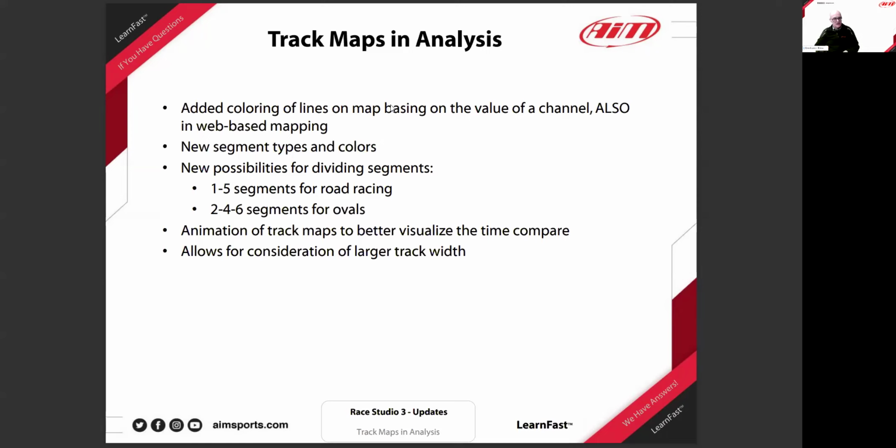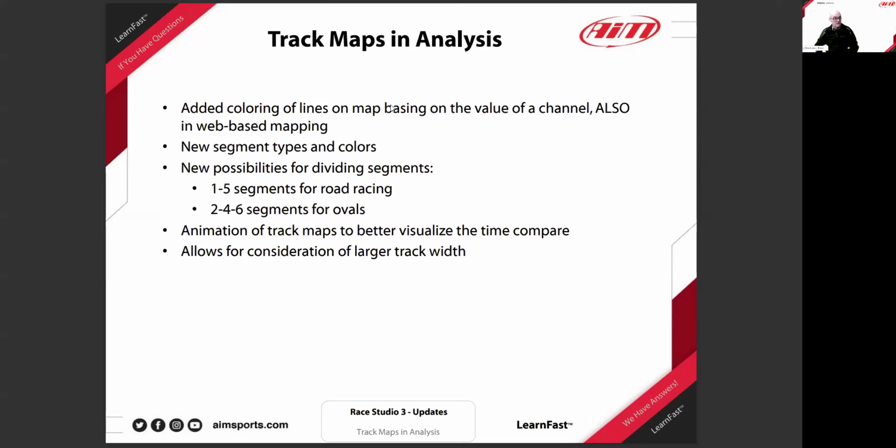We added some new types of segments and new coloring capability for maps, so users can customize maps a little bit more. We added new shortcuts to divide a track from 1 to 5 segments, and for ovals specifically, there is a possibility of dividing into 4 and 6 segments. A dedicated slide will come in just a second.